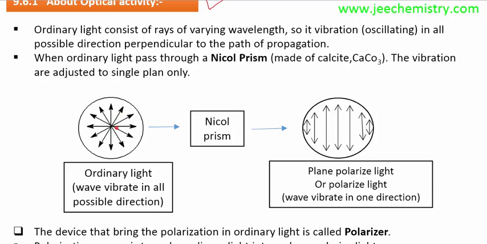But when this ordinary light passes through a nickel prism and comes out, its oscillation in all the directions is cancelled. Only one direction they will vibrate, in a single plane. Before, they were vibrating in all the planes, x, y, z.